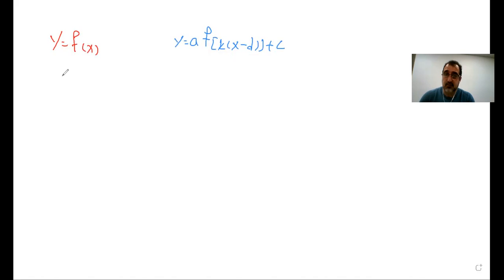Any point on a parent function, I will call this function a parent function. I will call this function a transformed function. Please notice the difference.